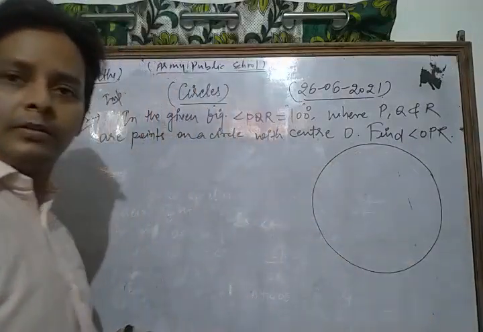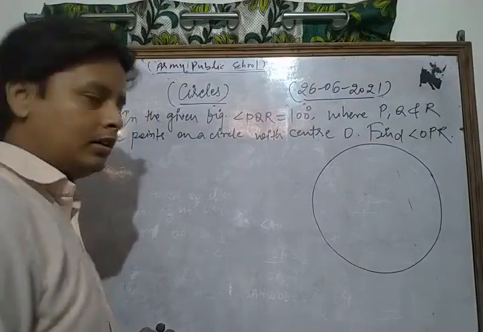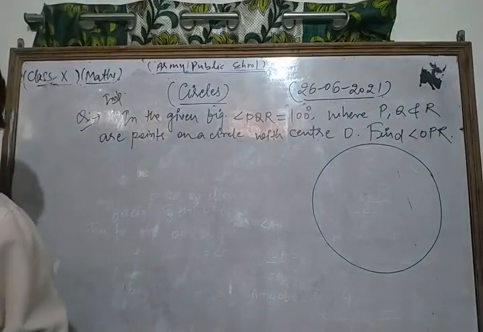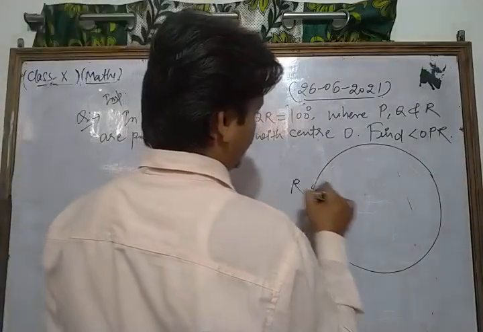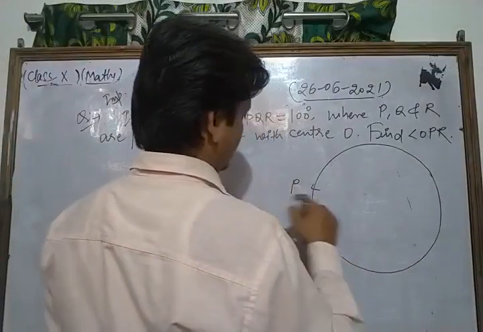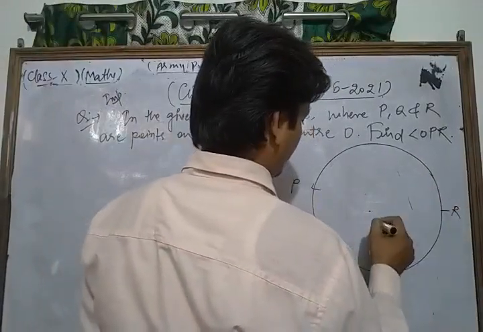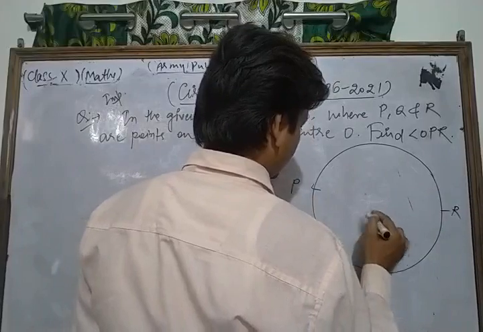This is a circle in which here are P and R, and O is the center of the circle.